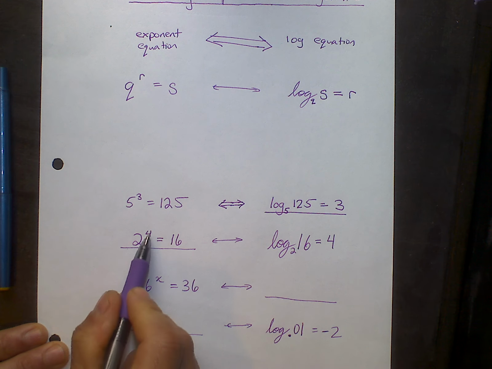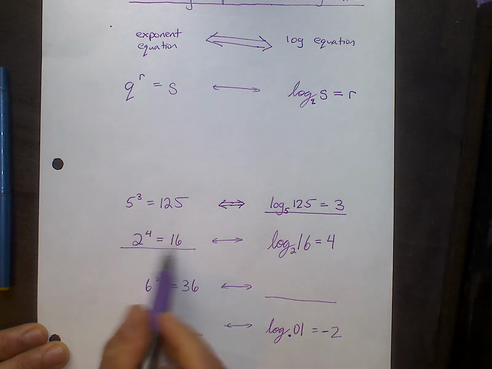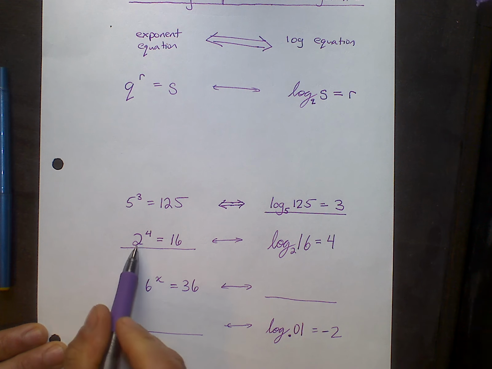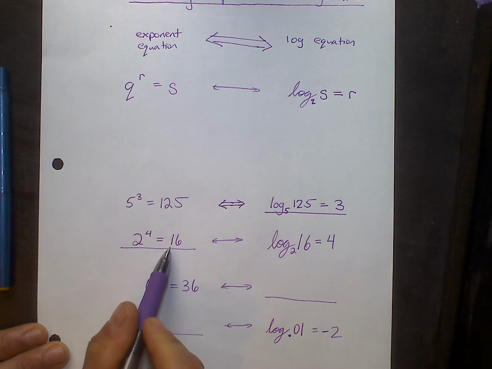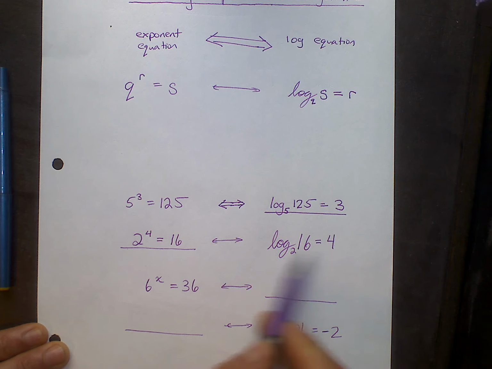So I have 2 to the 4th equals 16, which should make sense because 2 times 2 times 2 times 2 equals 16. And now I just can see it a different way. Log of 16 base 2 is also equal to 4.